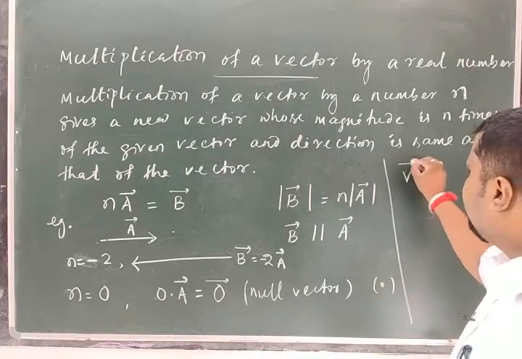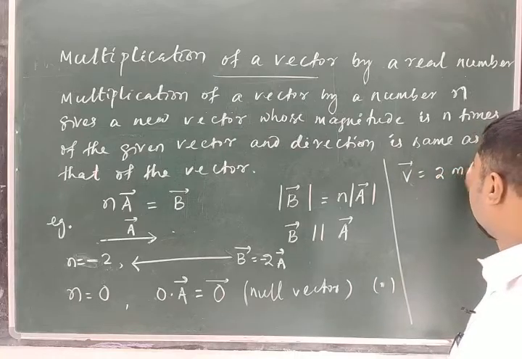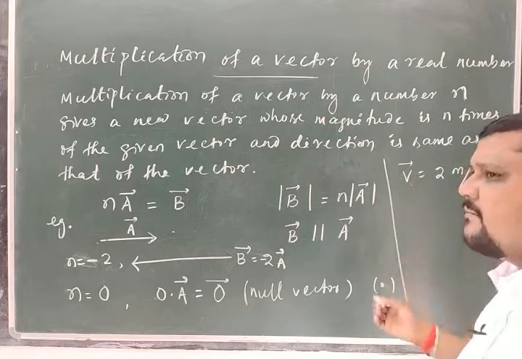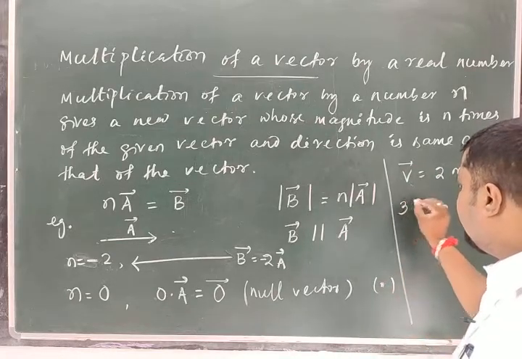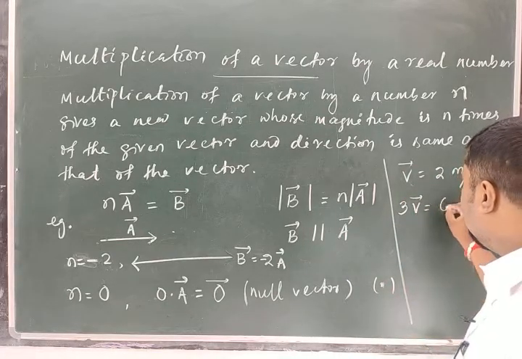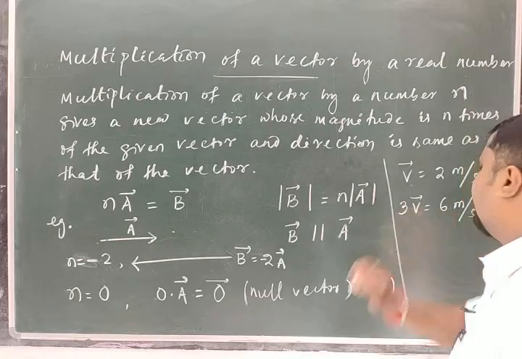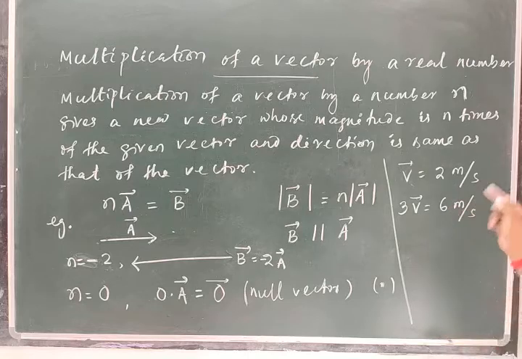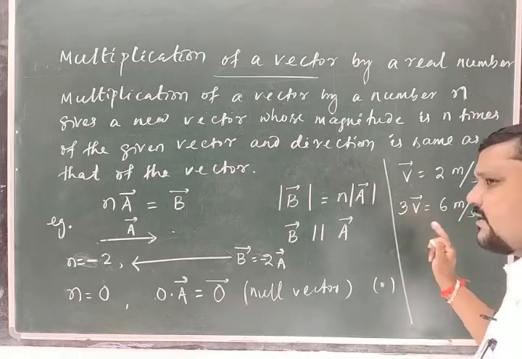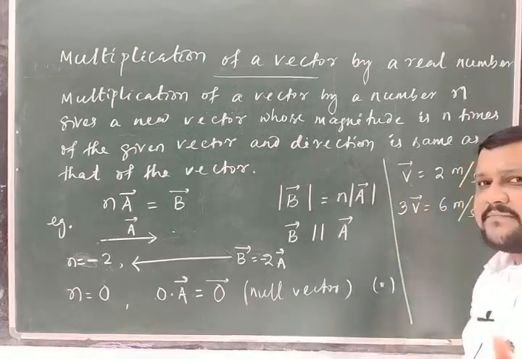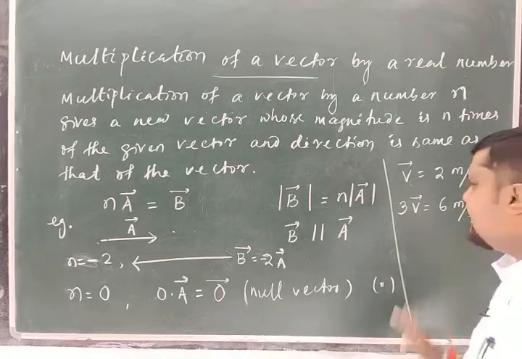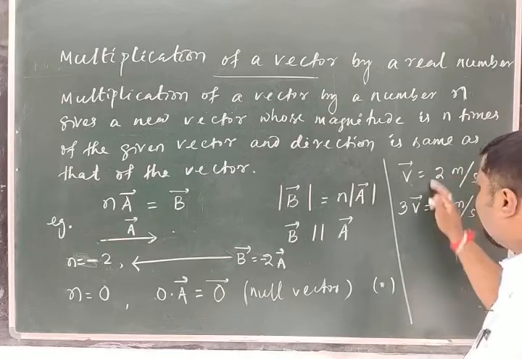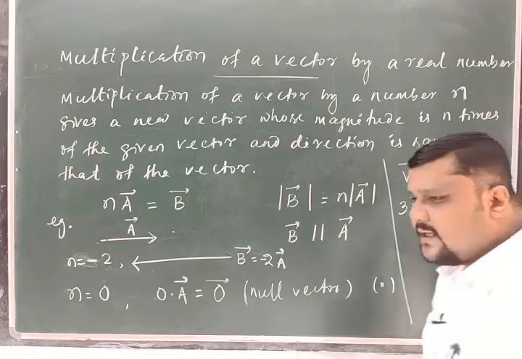Suppose a velocity is given as 2 meters per second, and I multiply this velocity by the real number 3. Then I can write this as 6 meters per second. It means the unit remains the same. When a real number is multiplied with the vector, the unit remains the same. That is the most important thing.